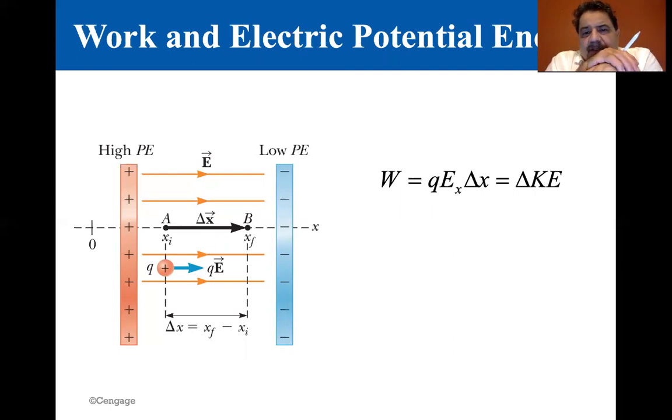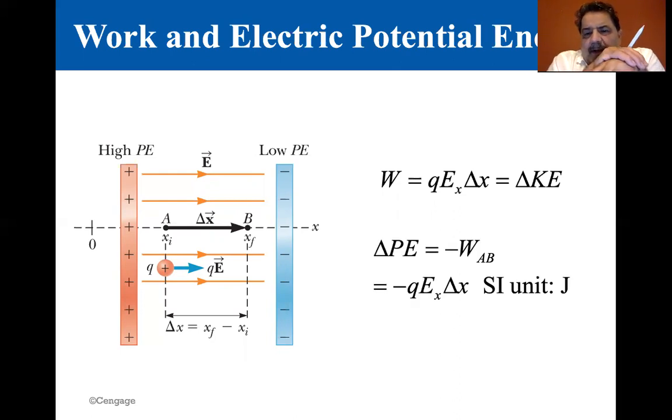So we also see that the work equals Q E_x delta X equals the change in kinetic energy as this thing moves from the positive to the negative plate. It will gain kinetic energy; the change in potential energy will equal the change in kinetic energy.